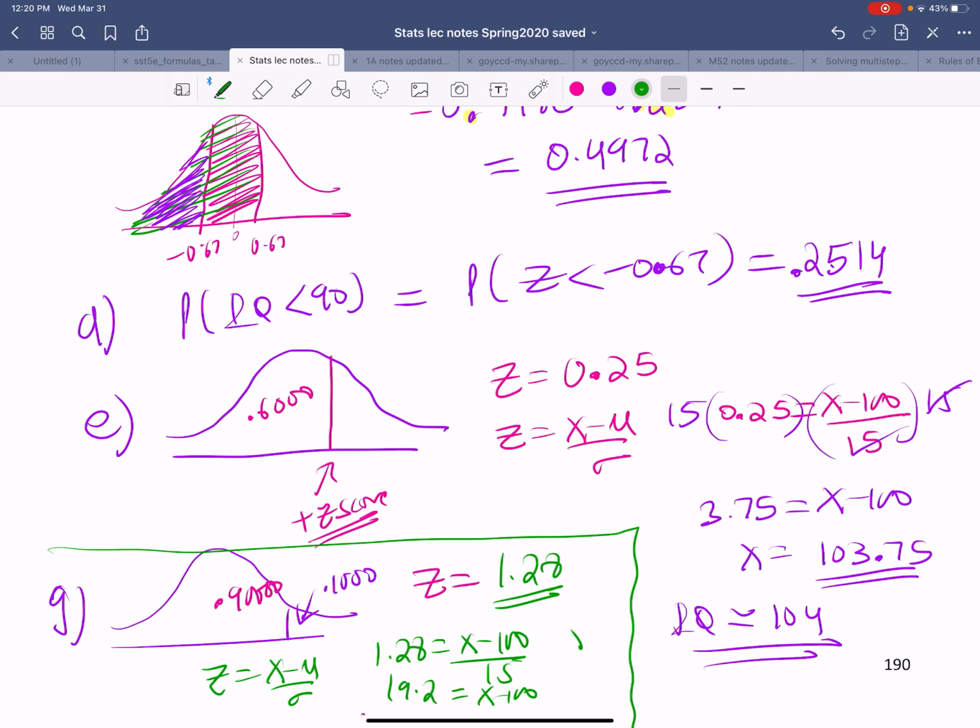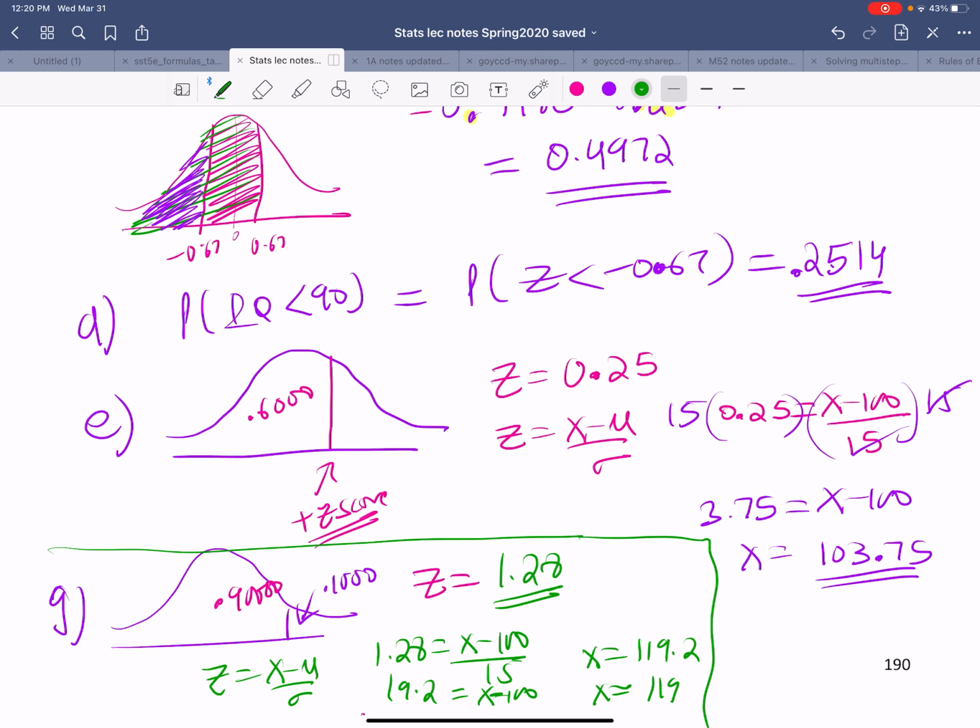X minus 100, and x comes out to be 119.2, because from here x turns out to be 100 plus 19.2, which is 119.2. We can say the IQ score that separates is approximately 120 or 119. 119 is the IQ score that separates the top 10% from bottom 90%. That's all.